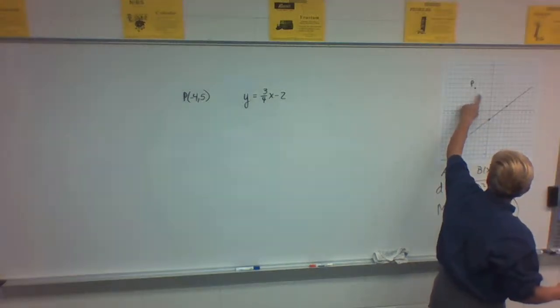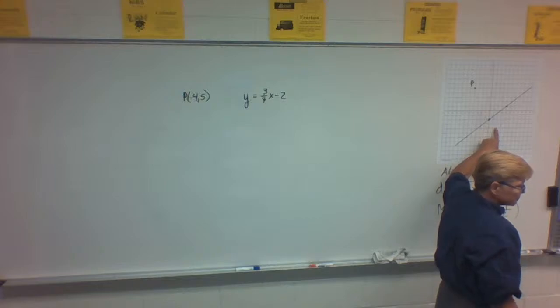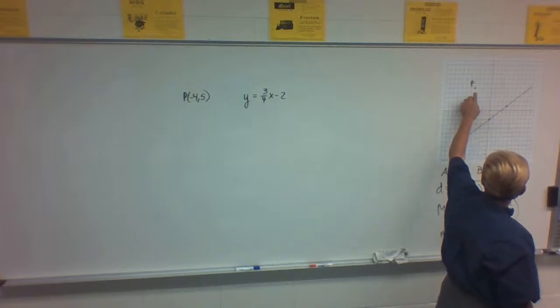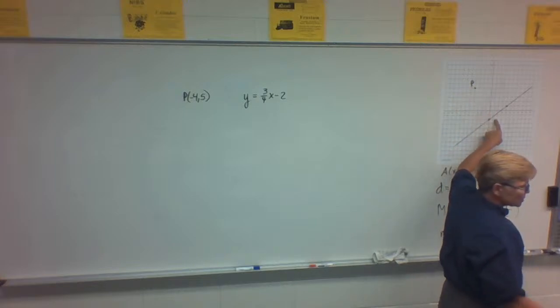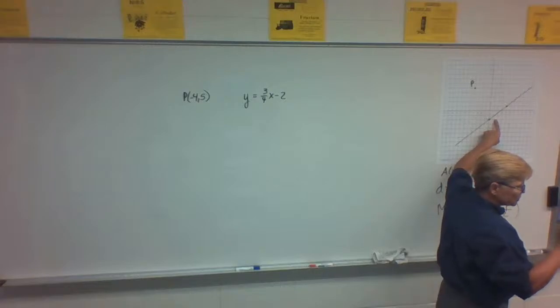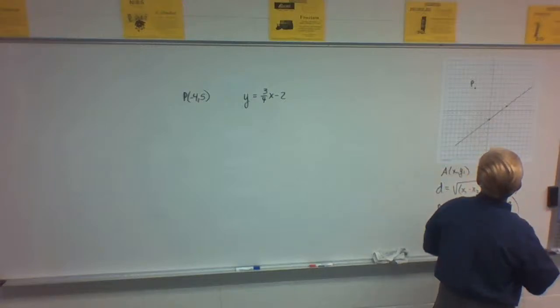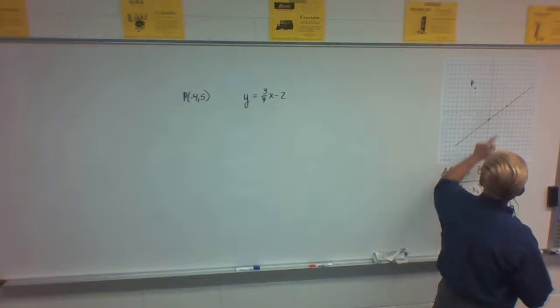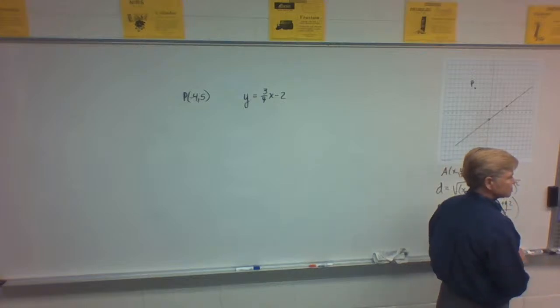How far is it from this point to this line? Draw a perpendicular line to that line. Yes, you're right. The segment that connects P to this line has got to be perpendicular to it, because we discussed yesterday that distance means the shortest distance.